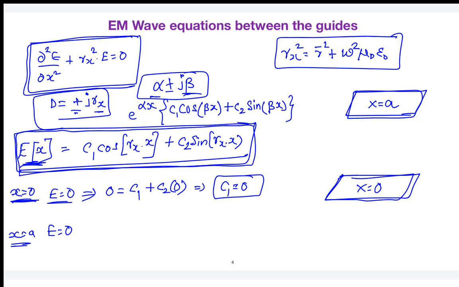Similarly, at x is equal to a, your electric field is 0. Anyhow, C1 is already 0 using the previous equation, so you need not worry about that. What you get next is C2 into sin γx into x.